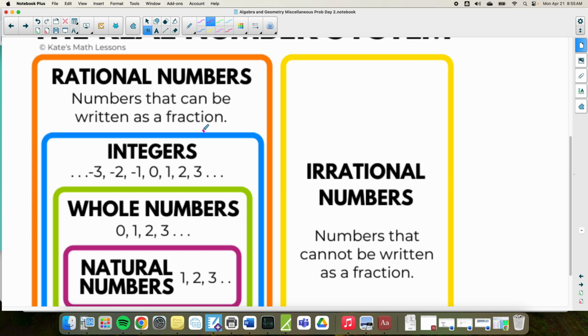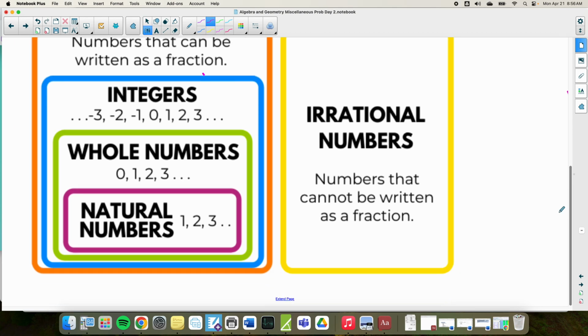So integers would be -10, -9, 0, all the way up to infinite on both sides. Whole numbers are your positive integers and 0. Natural numbers also can be called counting numbers, and they are your numbers 1 and on.